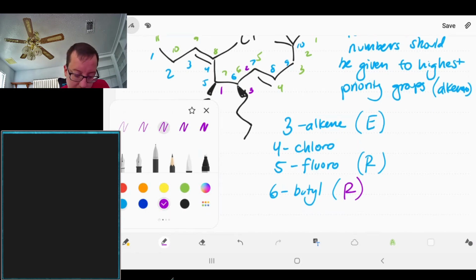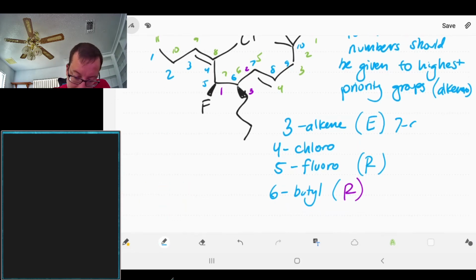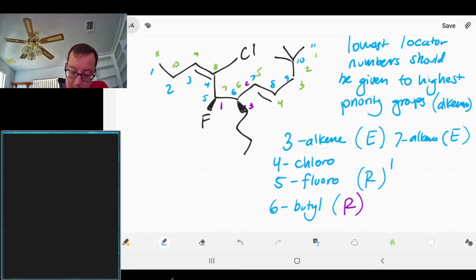Number 7, we have another alkene. And that is also an E alkene, because we only have 2 groups on them that are not hydrogen, and they're trans to each other. And then on carbon 10, we have 2 methyl groups. So, we have it now. Remember, alkenes become our parent name.